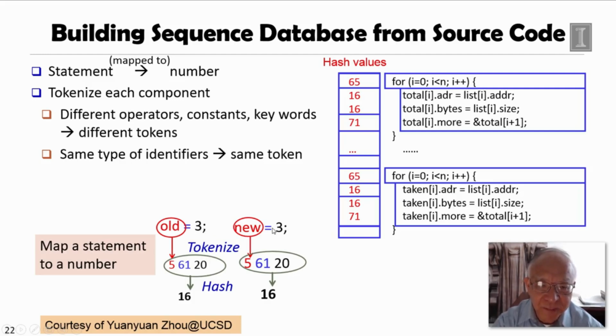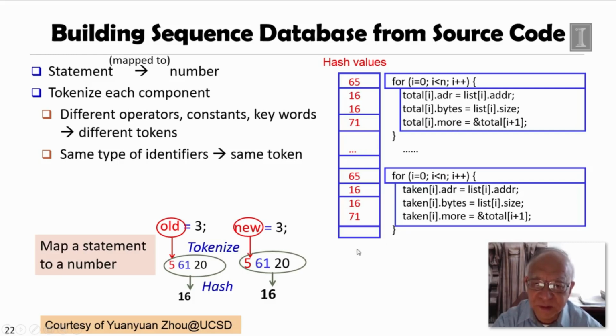Then if two statements have the same token sequence, we give them a hash value. These two statements should have the same hash value. Simply put, they are very similar statements. So if we do this, you can easily see that total i dot address and total i dot bytes essentially map to the same thing.